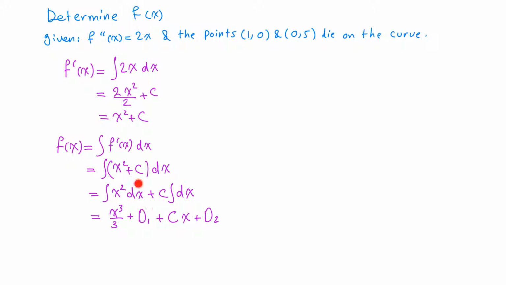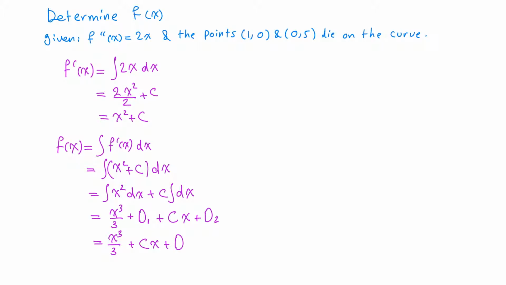So d1 is the constant for this, d2 is the constant for this, and c is the constant over here. Now d1 and d2 are both just one constant value, so I can simplify this to x cubed over 3 plus cx plus d.